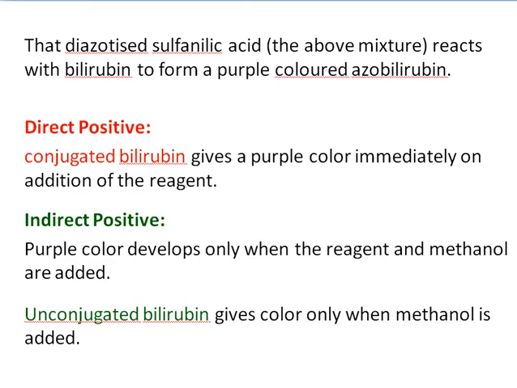Direct positive: conjugated bilirubin gives a purple color immediately on addition of the reagent. Indirect positive: purple color develops only when methanol is added, so unconjugated bilirubin gives color only when methanol is added.